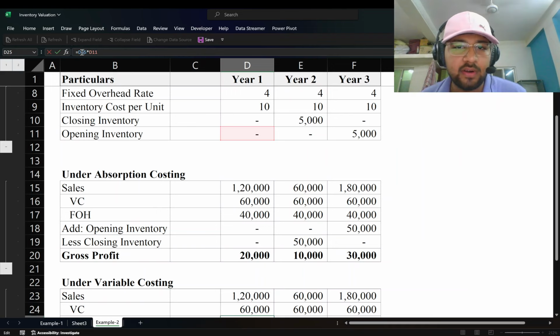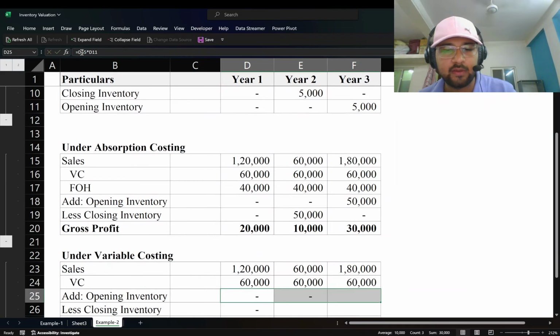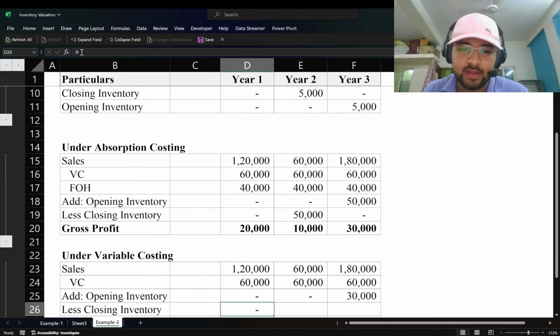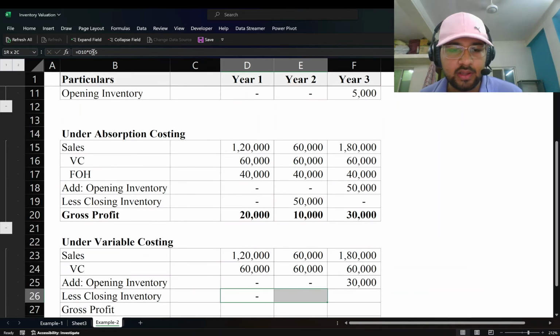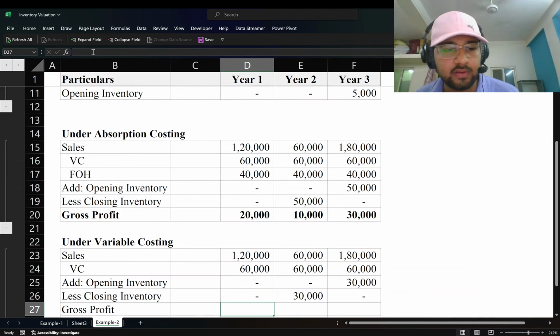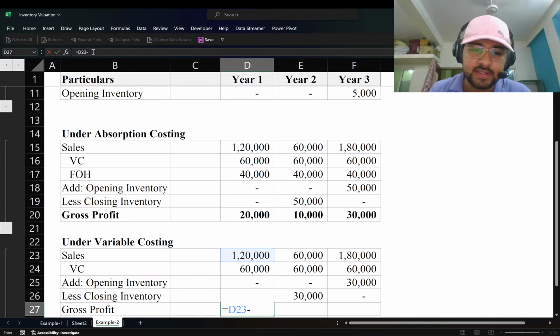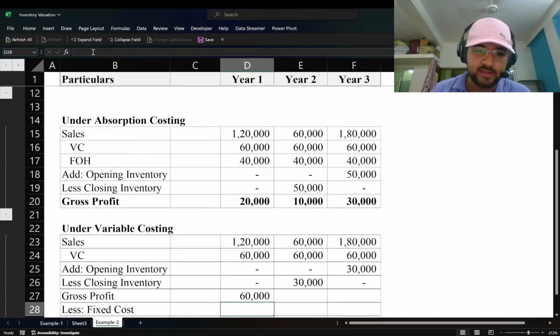So opening inventory cost is this, and closing inventory cost again we would do this times 6, that is $8. I would have to add it, and we'll have our closing inventory cost.